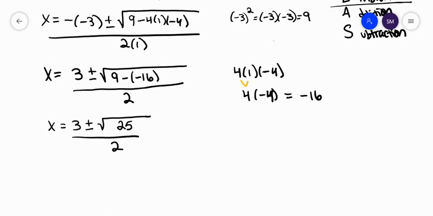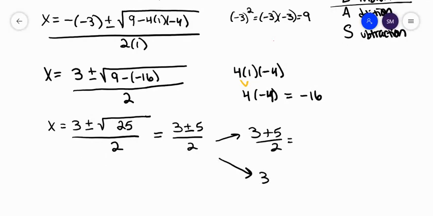Now I can simplify my square root. I know that the square root of 25 is 5, so this is equal to 3 plus or minus 5 over 2. All right, and now we're ready to actually break into our plus version and our minus version. So this 3 plus or minus 5 means that we have one version where we have a plus 5 here, and we have one version where we have a minus 5 here.